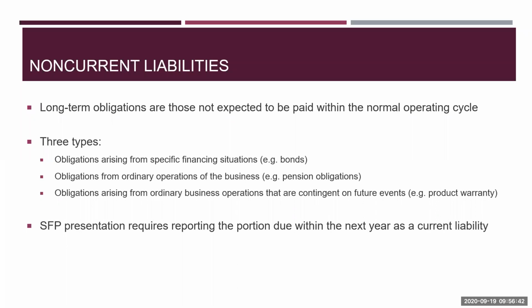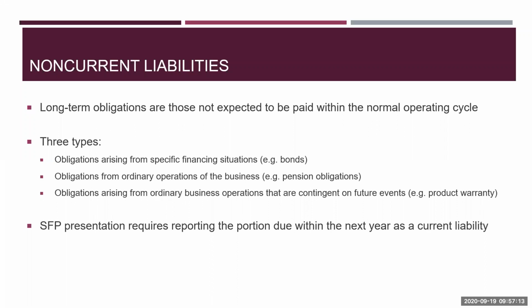Now, when you are looking at your long-term liability, let's say, for example, a mortgage. Technically speaking, your mortgage is a long-term liability, so it should show up in the non-current liability section. However, because there is a payment made and the principal is paid as you go, any portion that you will be paying in the next 12 months from your financial statement date becomes part of your current liability.